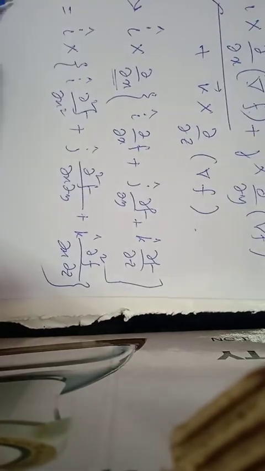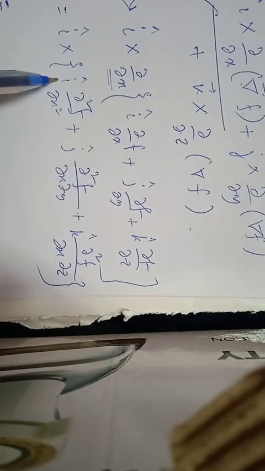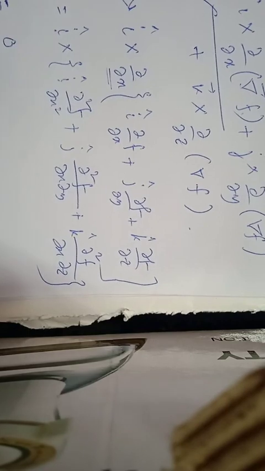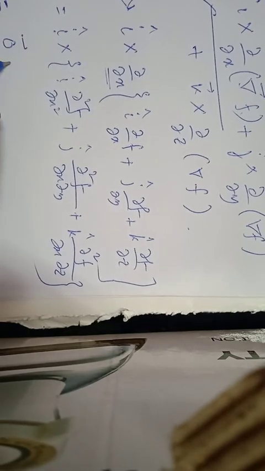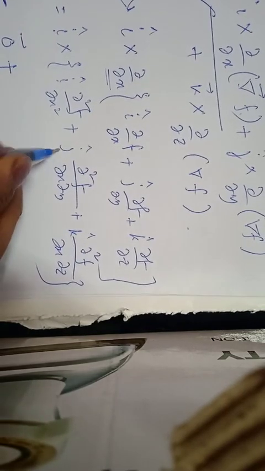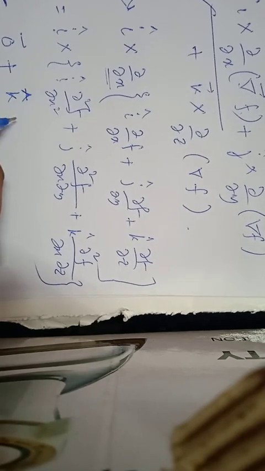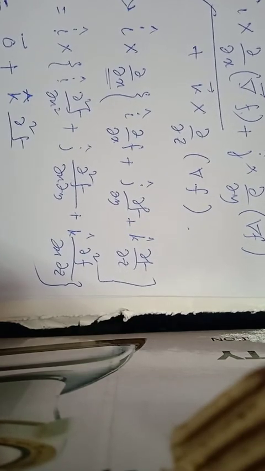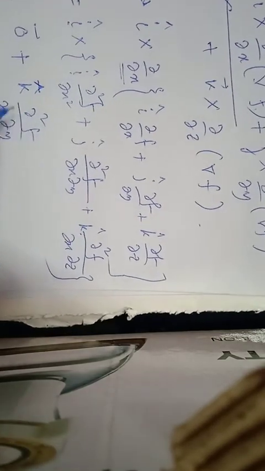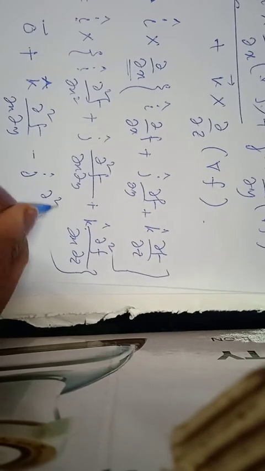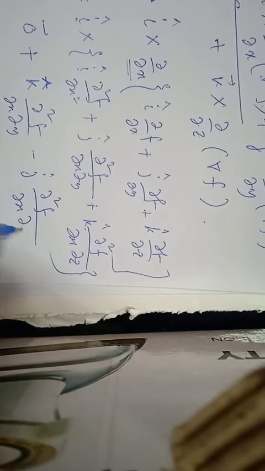Now opening this bracket, i cross i result will be 0, that is the 0 vector, plus i cross j, that will give you k cap, so k cap del²f/del x del y. Then i cross k will give you minus j cap del²f/del x del z.